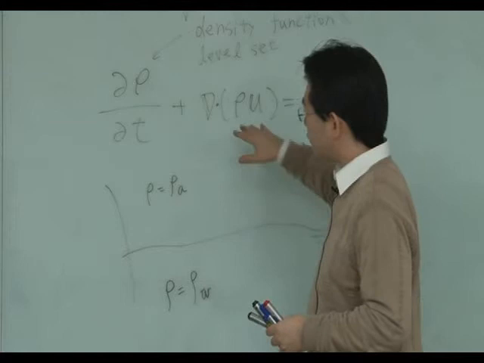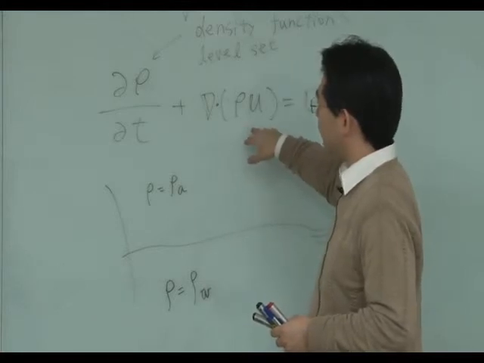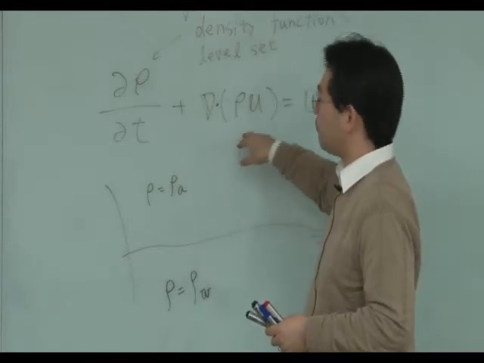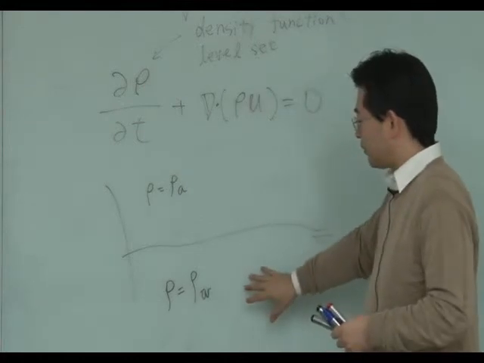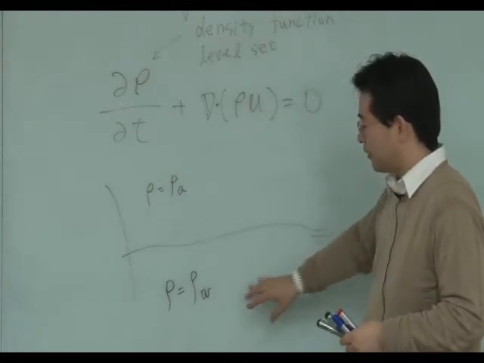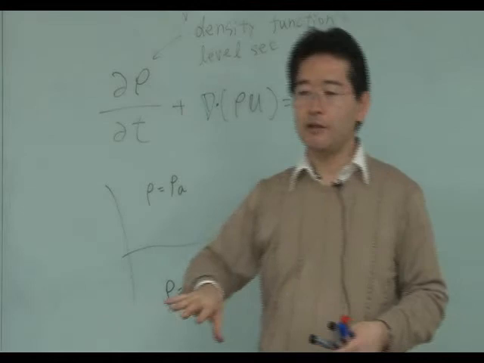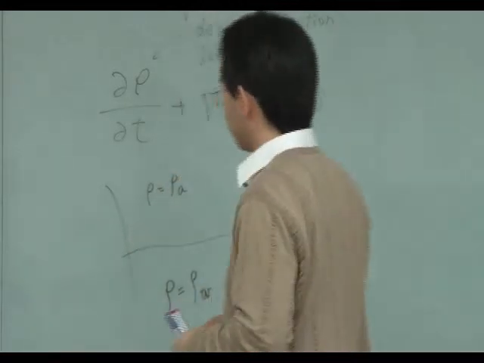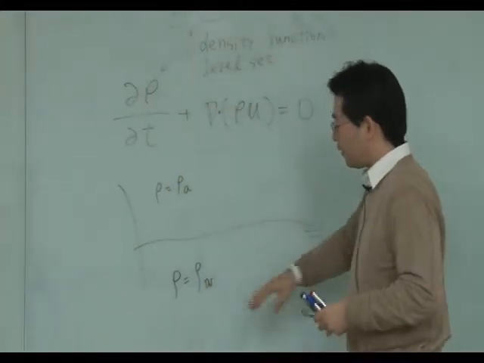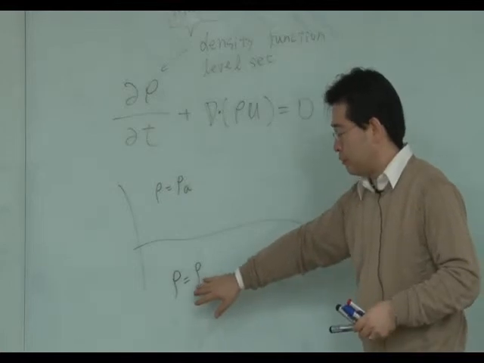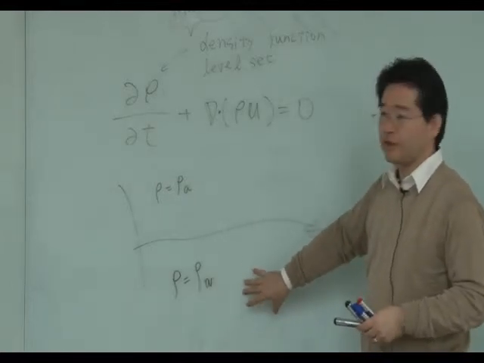So this convection term, this calculation of convection, does not show any effect inside the water media, because in the domain, rho is almost constant.